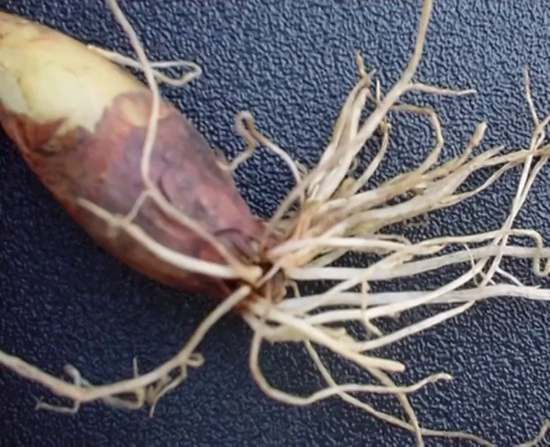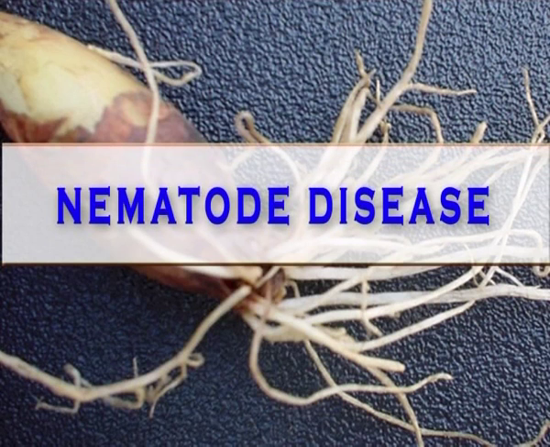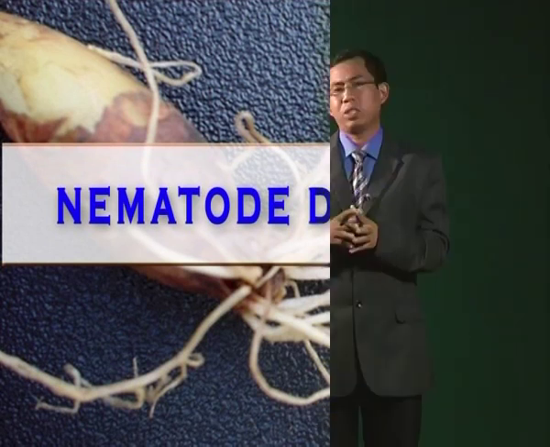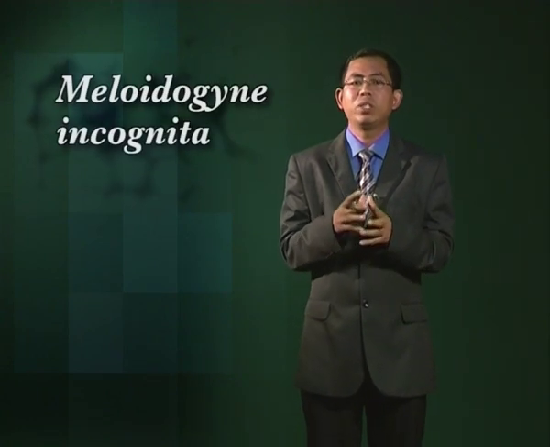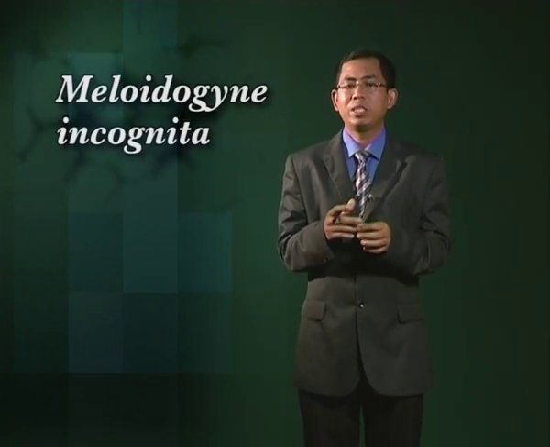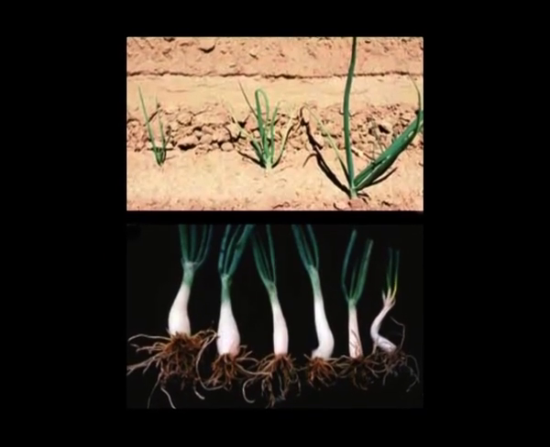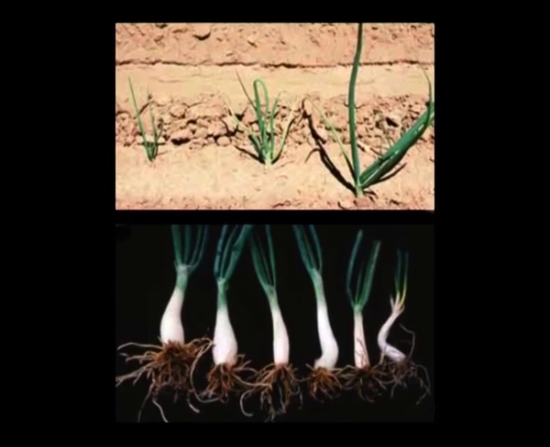Slippery skin can be differentiated from sour skin in that sour skin primarily attacks the outer fleshy scales. So, this is about the bacterial disease. Now, let us see nematode disease. Nematodes like the southern root knot nematode Meloidogyne incognita can be a serious pest on onions grown in sandy soils under high temperatures.